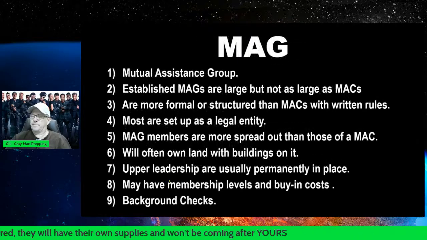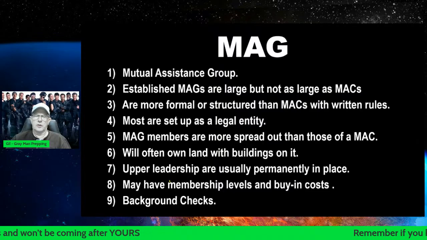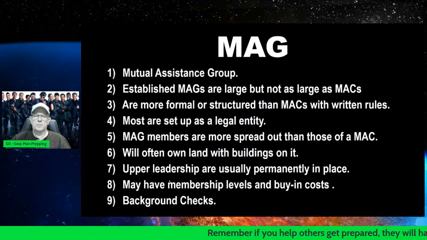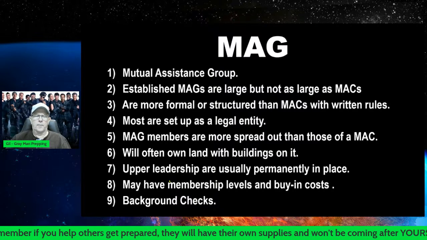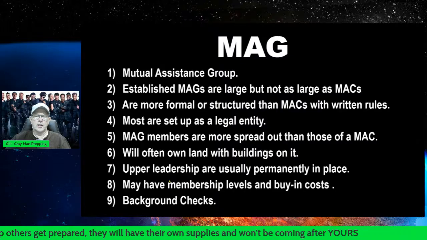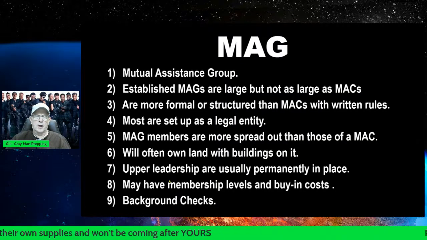A MAG. This is one a lot of people hear a lot of. A mutual assistance group. Established MAGs are large, but not as large as a MAC or a CAG. They are more formal or structured than a MAC or a CAG, with written rules. Most are set up as a legal entity.